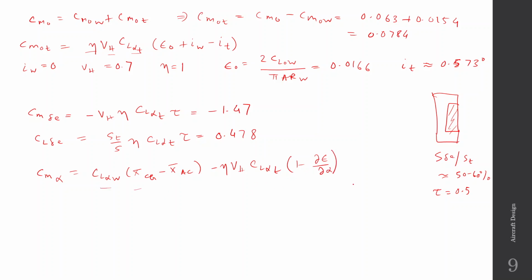So here you know all these things, okay? And d epsilon by d alpha, you can consider it as 2 CL alpha wing by pi aspect ratio of the wing. So this will come out to as 0.7908. So then, this was the exercise covered in the class.